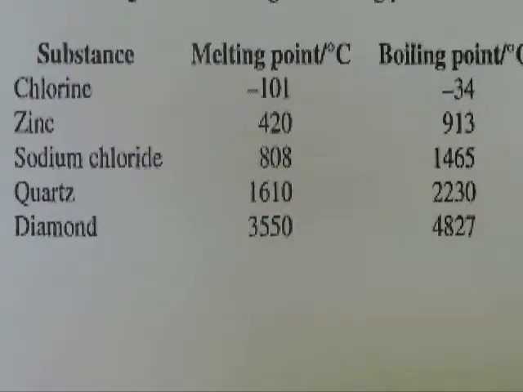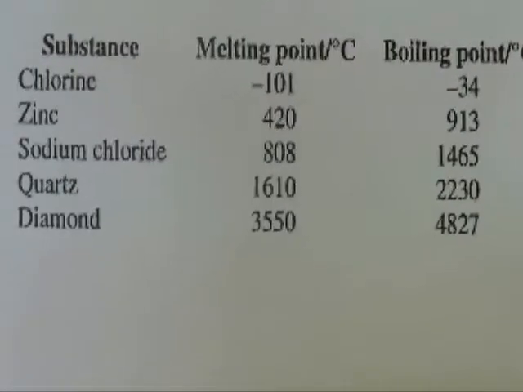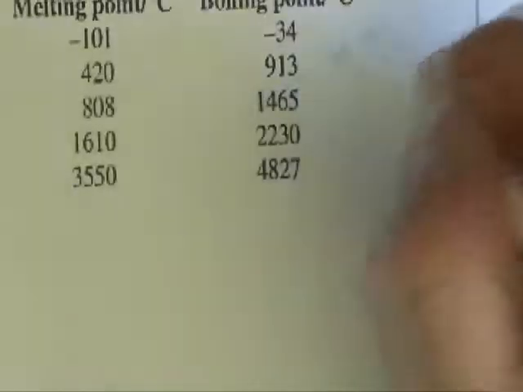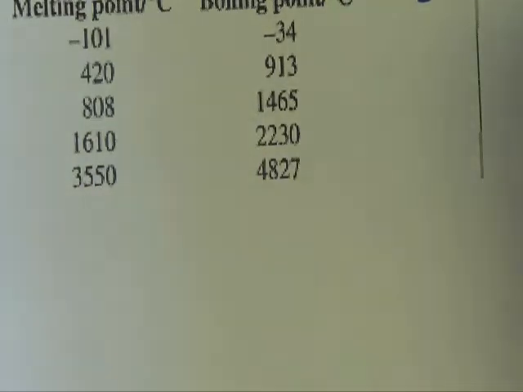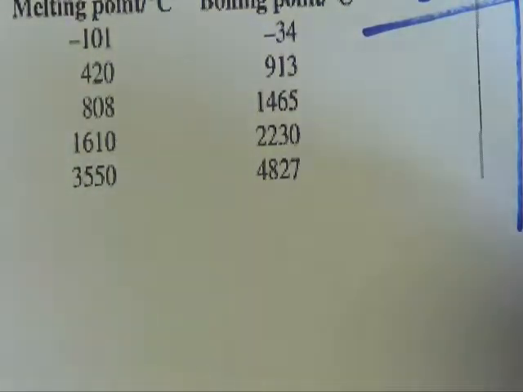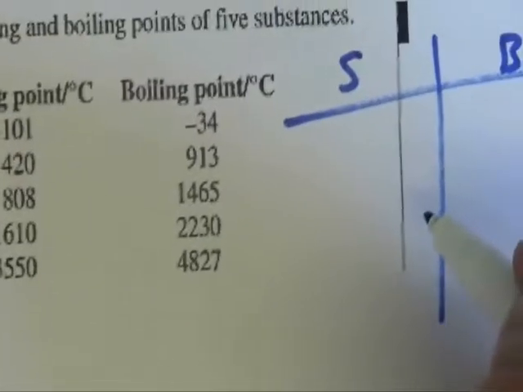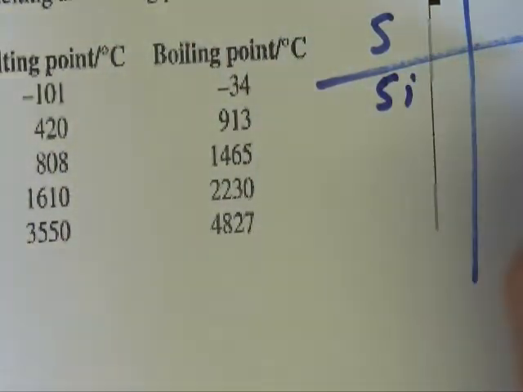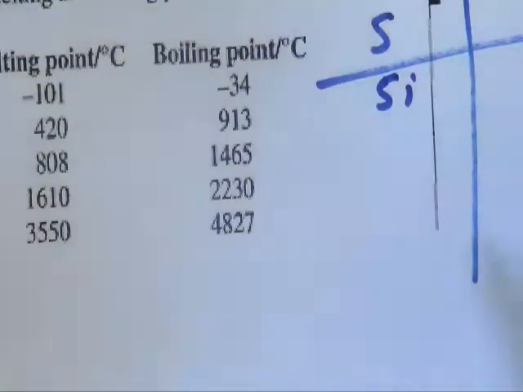You go away, do your working out and then come back and check your answers, sorry. Okay, so chlorine then, which is the first one. So we'll just write S and B for structure and bonding. So the first one, which is chlorine, really low melting point, so it's simple and its bonding is covalent.